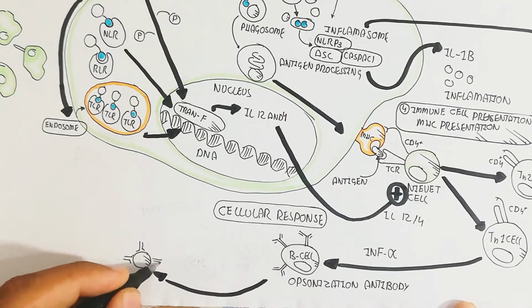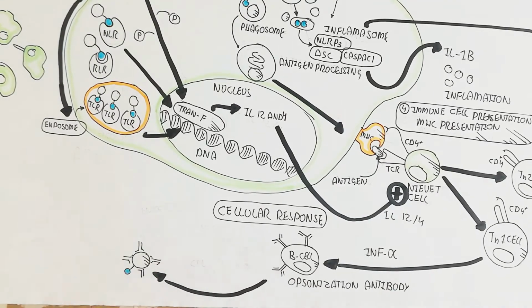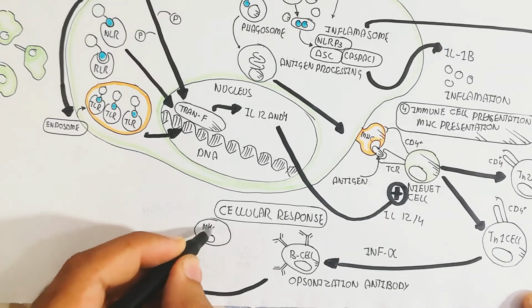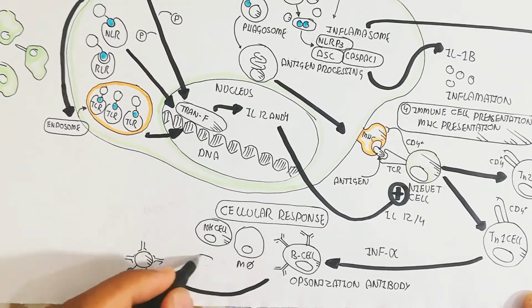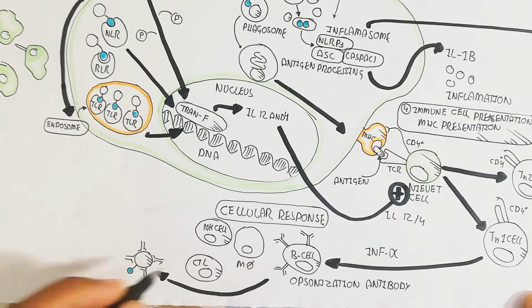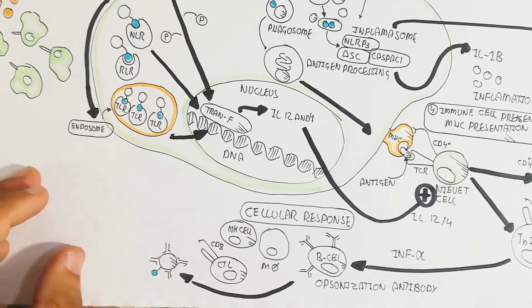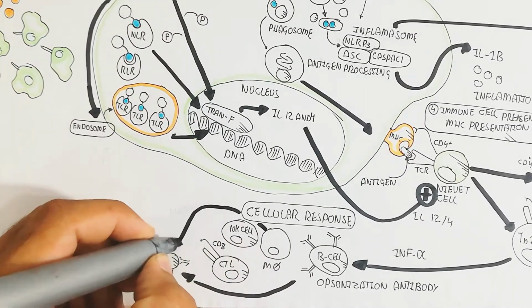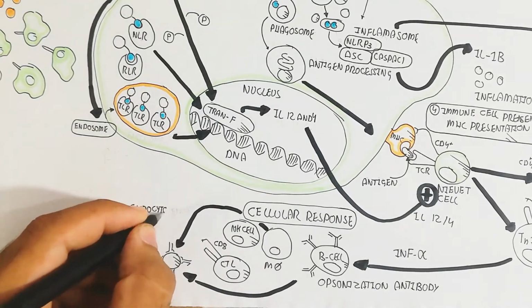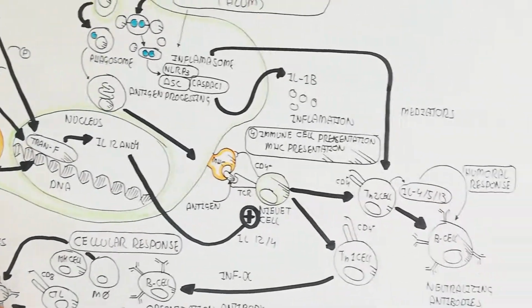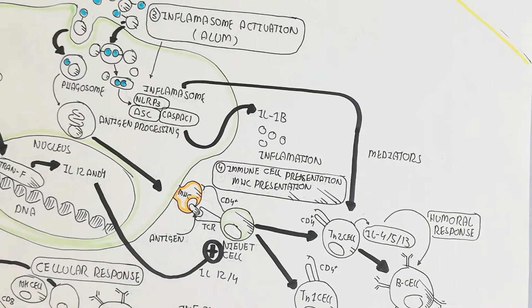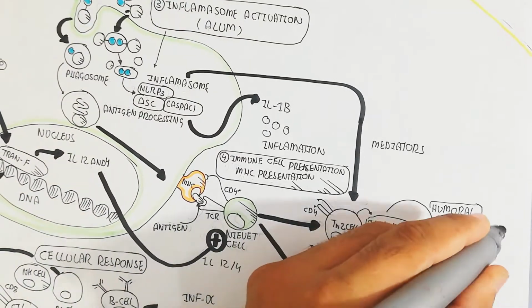After the opsonization, the cellular response will occur due to the production of inflammatory cytokines from the antigen at the infected site, which is taken up by endocytosis through macrophages, and the CTL, cytotoxic T lymphocytes, as well as natural killer cells.